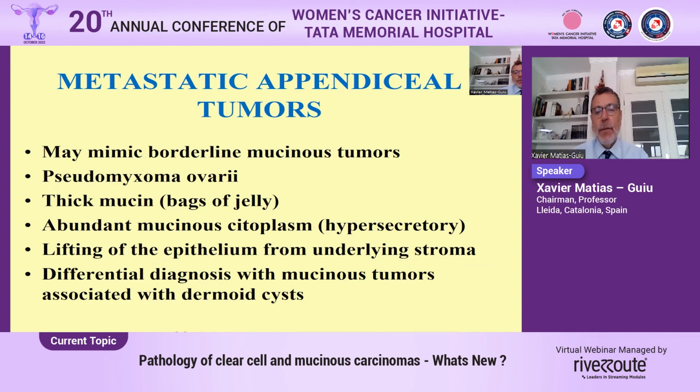They have pseudomyxoma ovarii and peritonei, they have thick mucin, they have abundant mucinous cytoplasm, hypersecretory, lifting of the epithelium from the underlying stroma. And then just a word of caution, because sometimes primary mucinous tumors of the ovary are associated with dermoid cyst. And when that happens, they are really very similar, almost indistinguishable from metastatic tumors of the appendix. So this is something to remember.